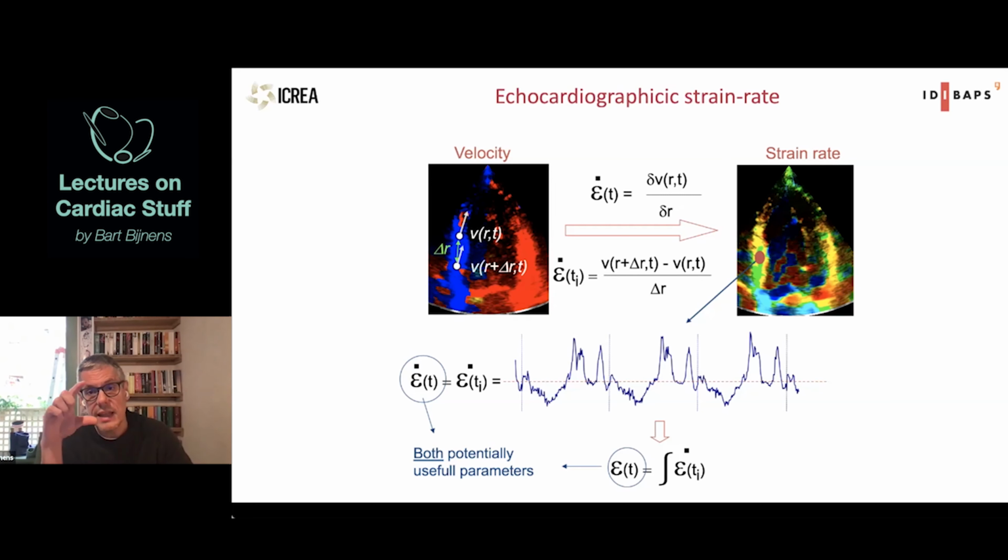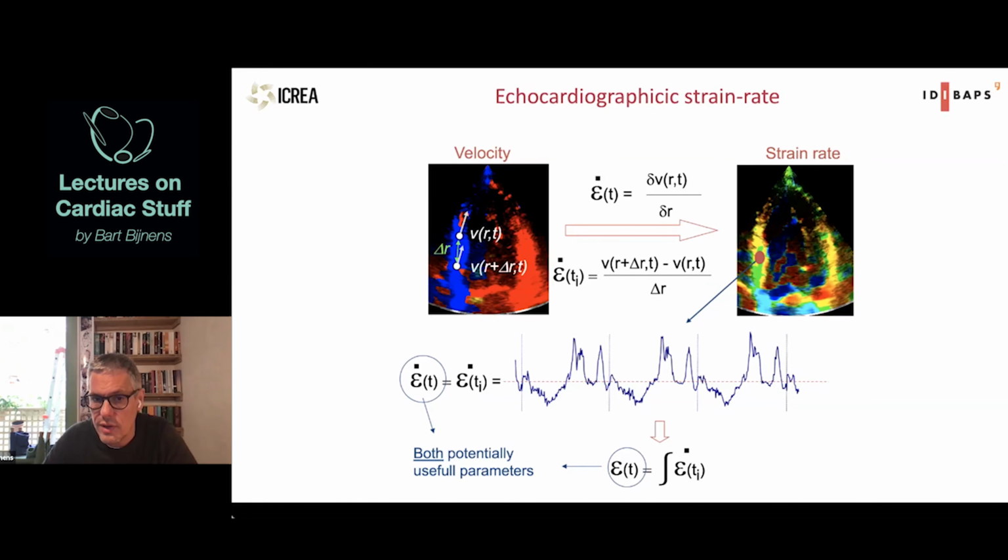During the contraction, during the ejection phase, the tissue will shorten. By definition, if an object is lengthening in dimension, we say that the strain is positive; if it's shortening, the strain is negative. So in the beginning, during ejection, the strain rate will be negative. Then at the end of ejection, it becomes 0 again.